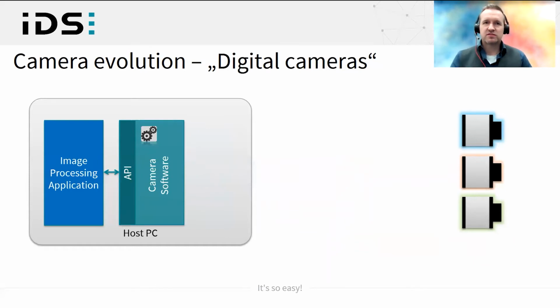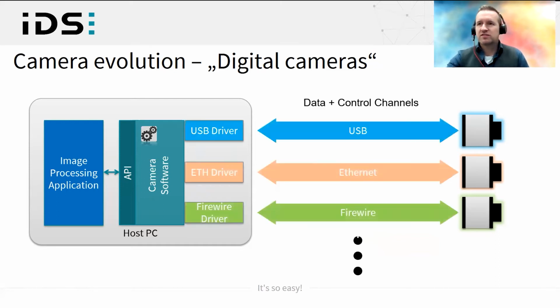When we jump to the time of the digital cameras, it was possible for the first time to implement a complete data path in digital form, from the image sensor to the image processing in the host PC. In addition, since then, the sensors can be controlled and configured via a communication channel through the PC application.